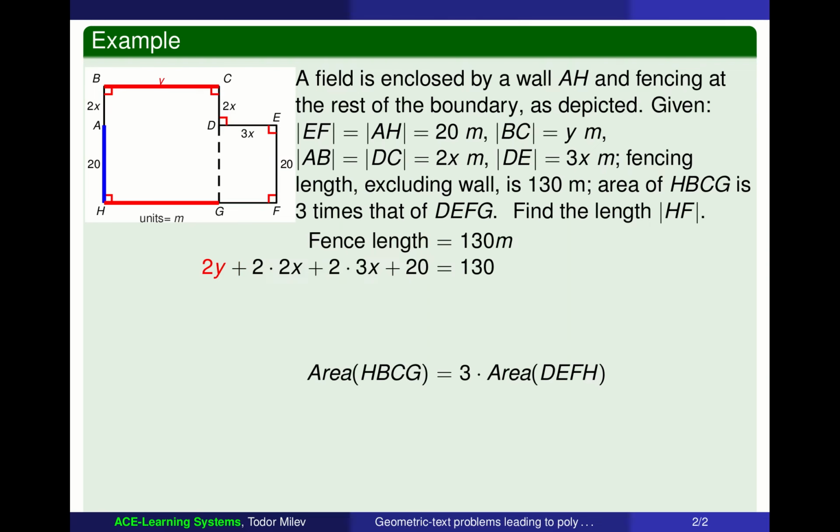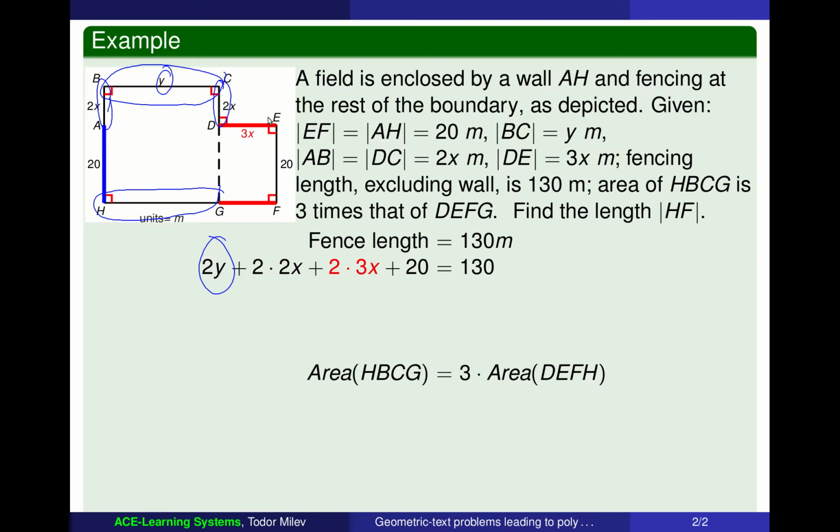The length of the fence is certainly equal to the length of this segment here, plus the length of that segment. And these two segments are equal and are of length y. So I'm having 2y contributed by these two sections of the fence. I'm also having that this section of the fence and that section of the fence contribute 2 times 2x length.